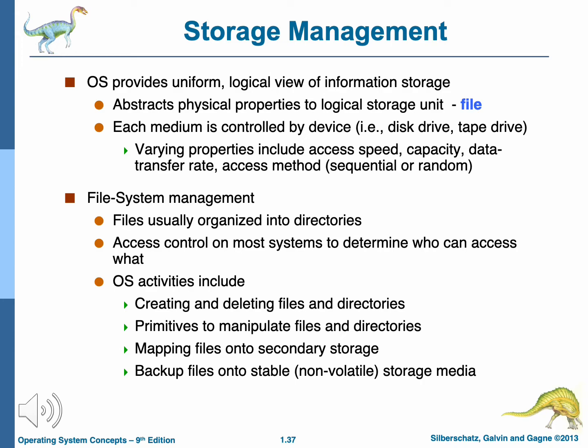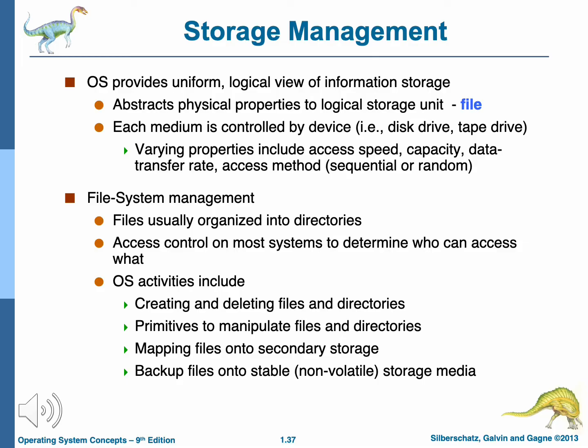File management is one of the most visible components of an operating system. Computers can store information on several different types of physical media. Magnetic disk, optical disk, and magnetic tape are the most common. Each of these media has its own characteristics and physical organization.